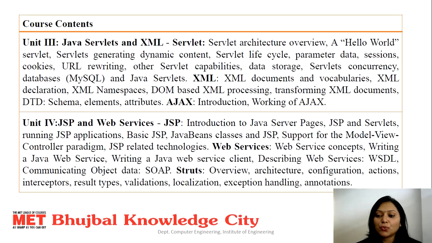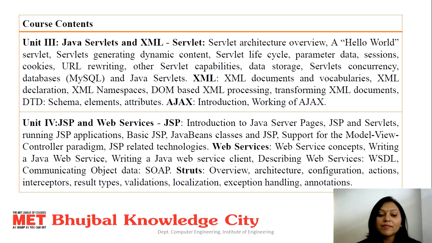Then unit number 4. In unit number 4, we will see JSP and web services. In JSP, first we will see introduction to Java server pages, JSP and servlet, running JSP application, basic JSP, Java beans classes and JSP, support for the model view controller paradigm, JSP related technologies.